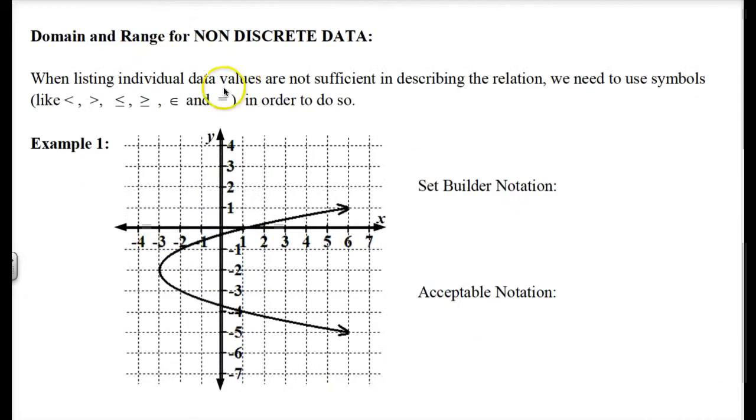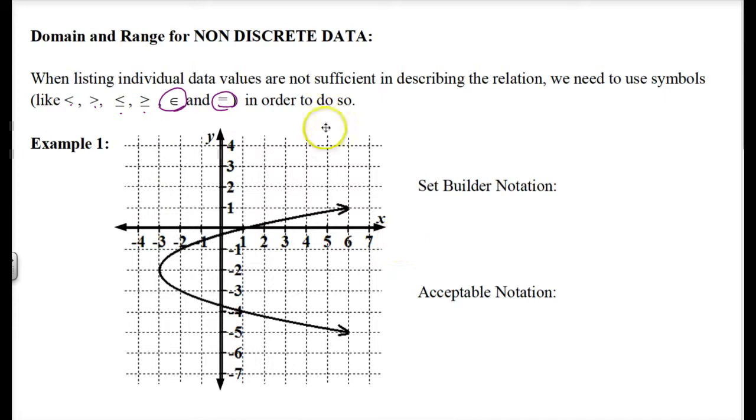What if it's continuous? When listing individual data values is not sufficient in describing the relation, we need to use symbols like less than, greater than, less than or equal to, greater than or equal to, belongs to, and equals in order to do so.